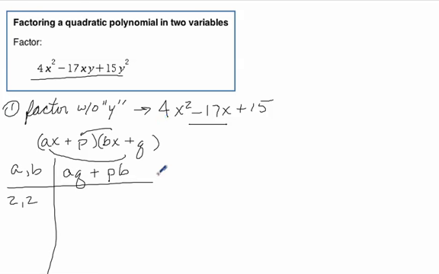We need our P and Q. Our PQ has to give a positive 15, right? So we've got lots of combinations, and let's just try 3 and 5. That gives a positive 15. Now A is 2, Q is 5, that makes 10, and then P is 3, and B is 2. That makes 6. 10 and 6 makes 16, so that doesn't work.